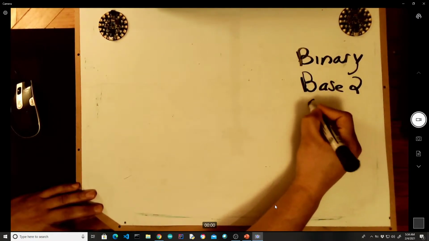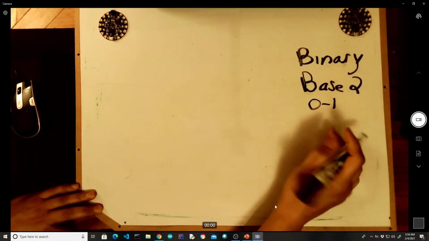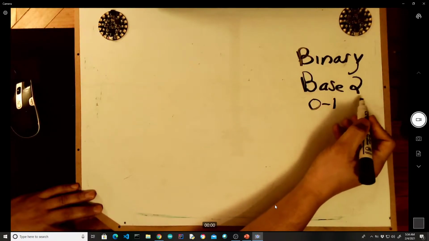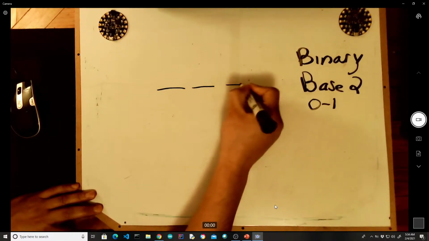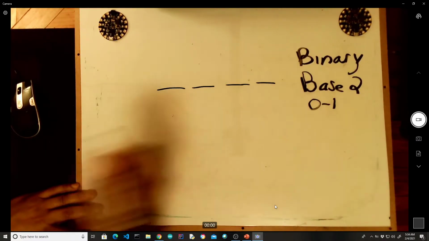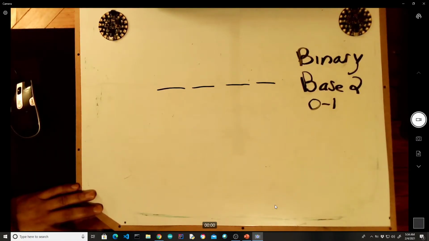Now, going with the analogy to our decimal system, base 10, this system only has 2 numbers. It has 0 and 1. That is it. The other thing that's important here is that every place value in this system is some power of 2.